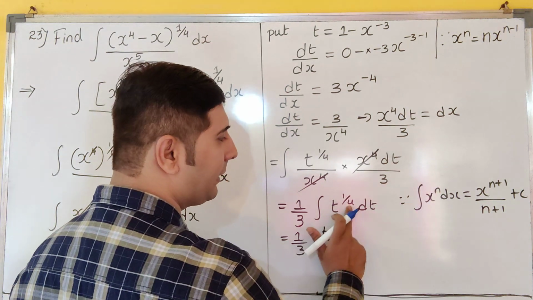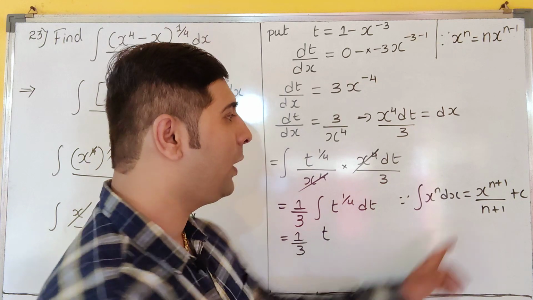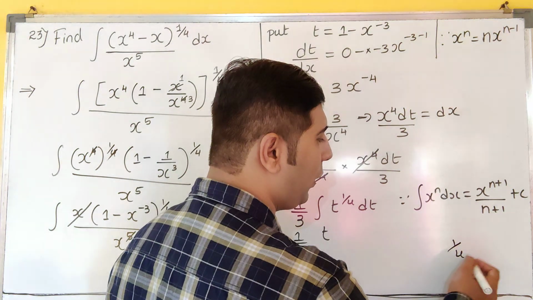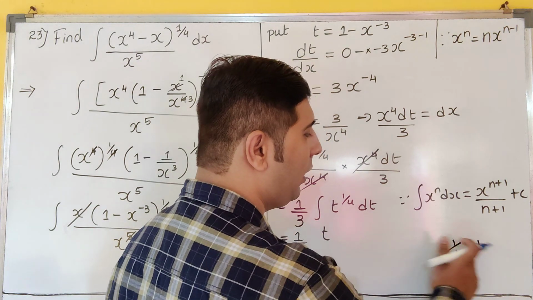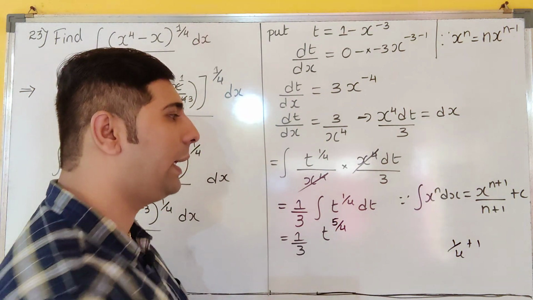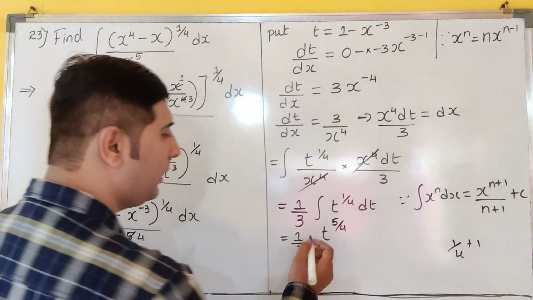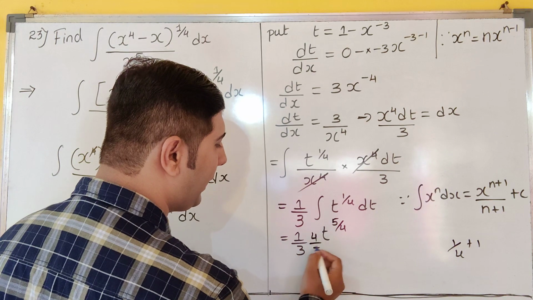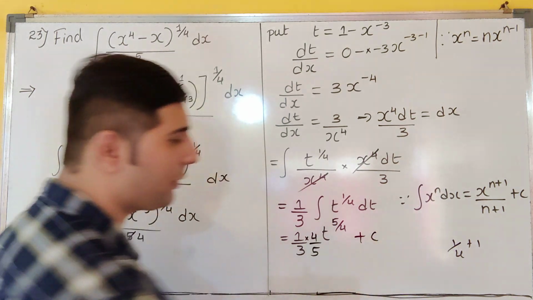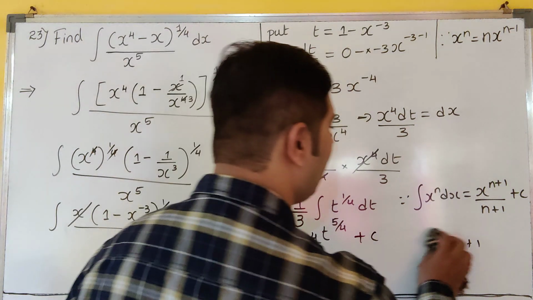And you compare with this: x raised to n and t raised to 1 by 4. n value is 1 by 4. 1 by 4 plus 1 is how much? 4 1s are 4, 4 plus 1 is 5 by 4. So below also we will write 5 by 4. 4 will go upper and it will become 4 by 5, dear students, reciprocal. So now plus c I will write, dear students. This is our integration of t raised to 1 by 4.